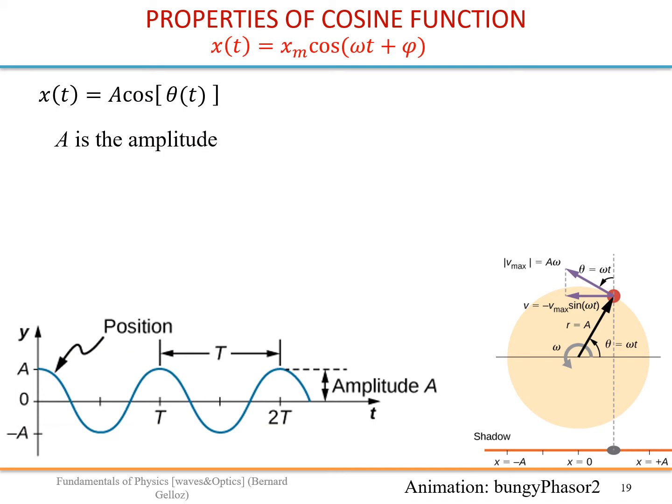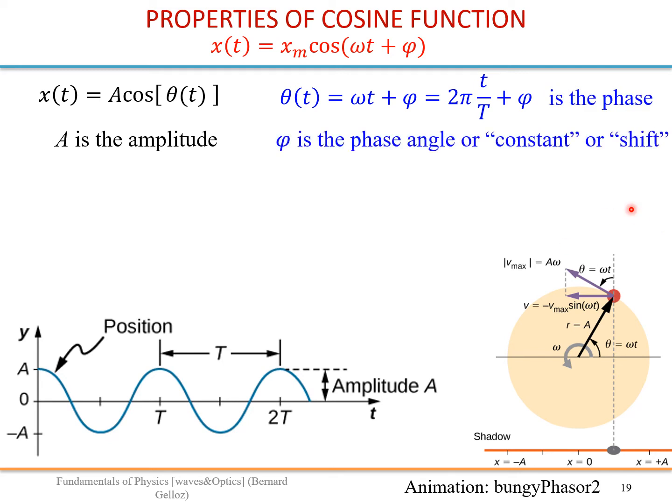So now we are going to discuss in more detail the properties of the cosine function. So this is our equation. Theta here is the phase, so it is omega t plus phi. It can be written like this because this is the period of the motion. A is the amplitude.